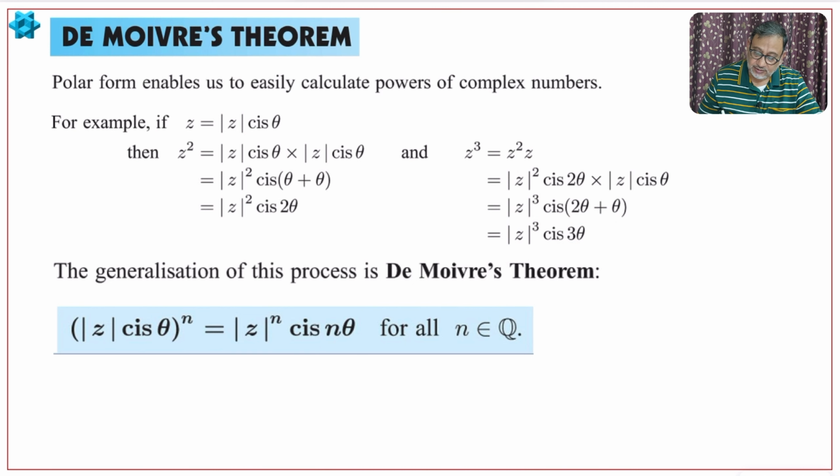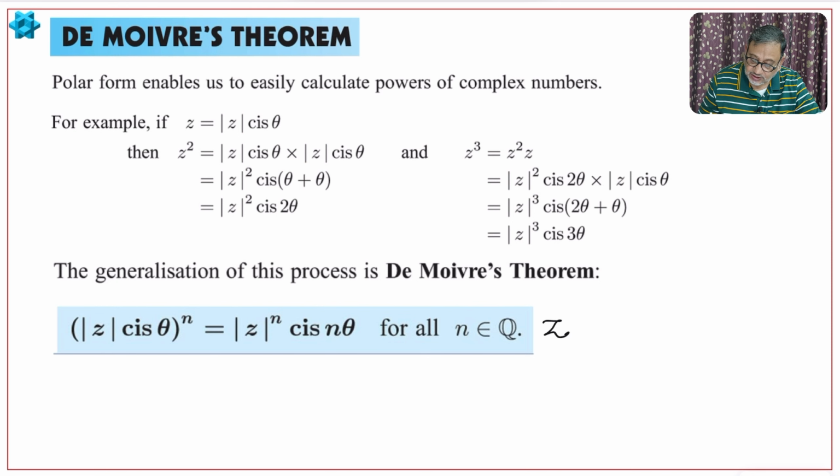So in general, De Moivre's theorem says modulus of z cis theta, bracket to the power n, will become modulus of z to the power n into cis n theta, where n belongs to Q. I think this should have been n belongs to Z, because there is only this solution when it is Z.